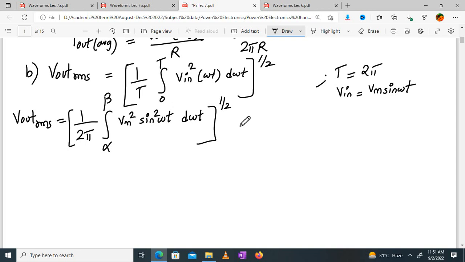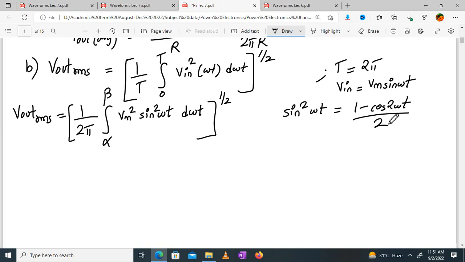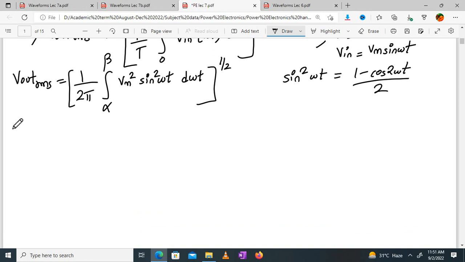Achha, what is sin square omega T? 1 minus cos 2 omega T divided by 2, mathematical result. So you substitute it over here and proceed, please.